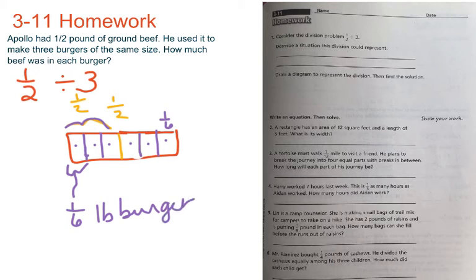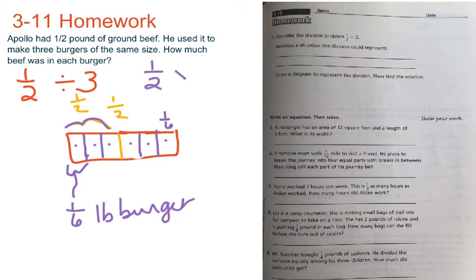Now we're going to go ahead and solve. After our drawing is complete, we're going to solve the way that we did and practiced yesterday. And we are going to use our chant. Keep, change, flip. Okay, we practiced and practiced. We're practicing again. So I'm going to keep my first number, which is 1/2.